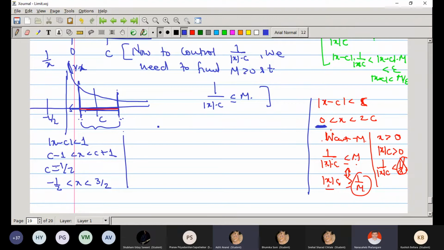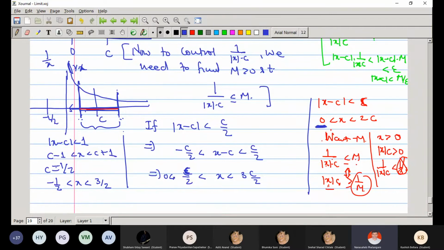So we can take c/2. Yes, very good. So if |x - c| < c/2, here c is positive, so c/2 is a positive quantity. That means -c/2 < x - c < c/2. That means c/2 < x < 3c/2, and clearly this is strictly greater than 0.